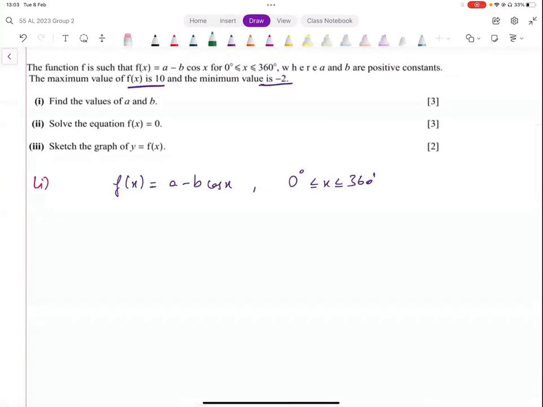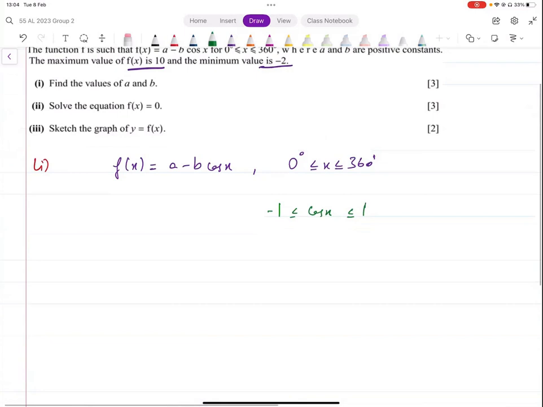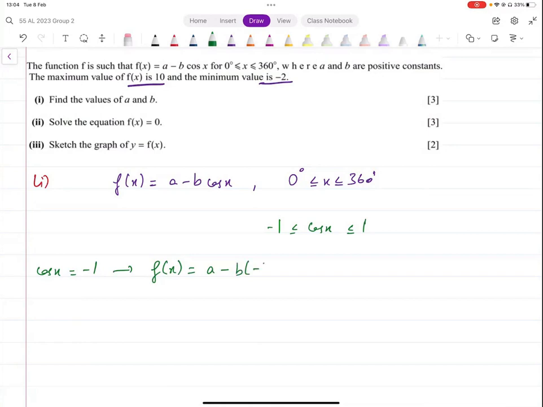How do the maximum and minimum values come about? We input cos equal to -1 once, and cos equal to +1 once. Because we know that cos lies between -1 and 1. That's the interval that we have for cos. So let's see what happens if we input cos x equals -1 here. What do we get? We get a minus b into -1, and that is a plus b.